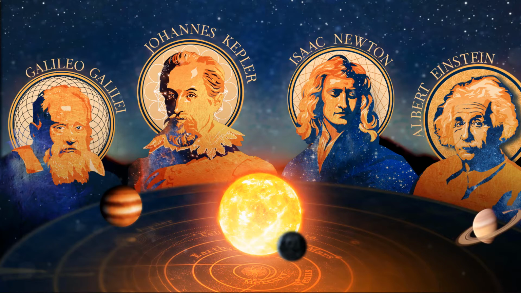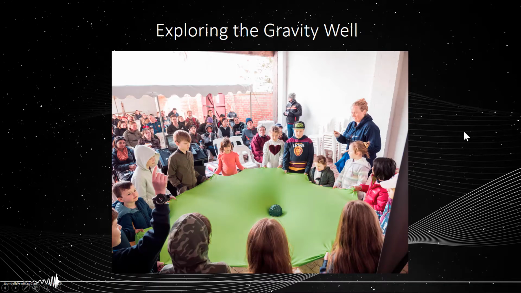That's where Albert Einstein came in, and with his theory of general relativity, he looked at gravity not as a force, but as the distortion of the fabric of space. And what we're going to do is explore a gravity well.